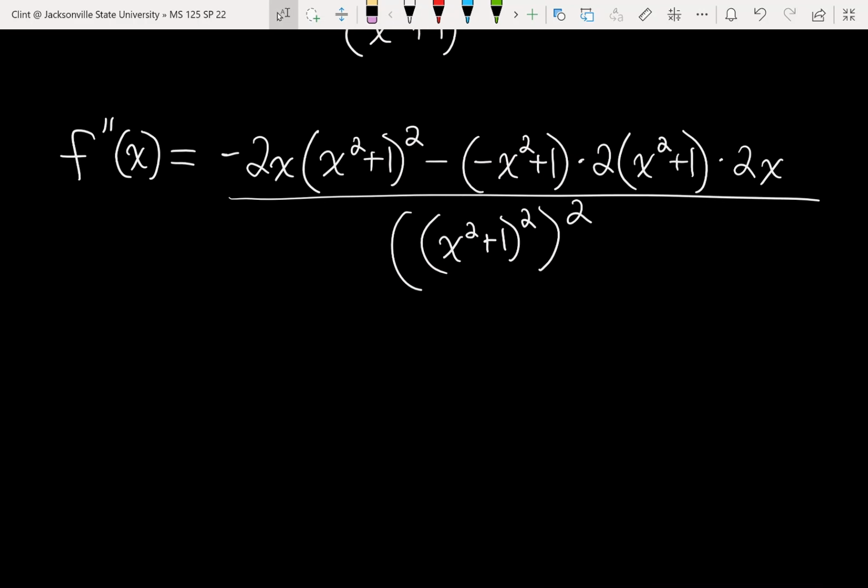Let's see what we can do to make our life easier here. Bottom we're not worried about, that's easy. Just trying to get that top simplified some. So I'm going to FOIL out the square here. So that'll be x to the 4th plus 2x squared plus 1.